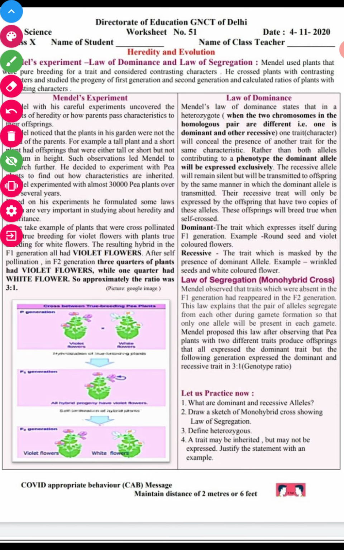Likewise, when he took the plant and cross pollinated the true breeding violet flower and white flower, the resulting hybrid of the F1 generation were all violet. After self pollination, in the F2 generation, 3/4 of the plants had violet flowers while 1/4 had white flowers. So approximately the ratio was 3:1.